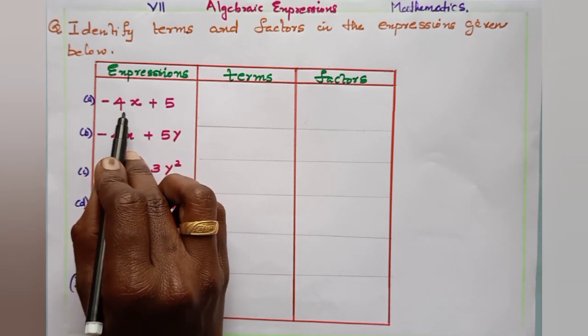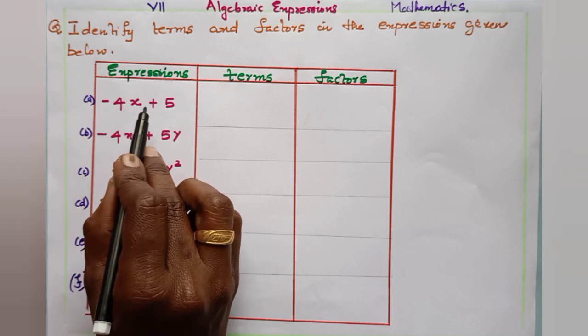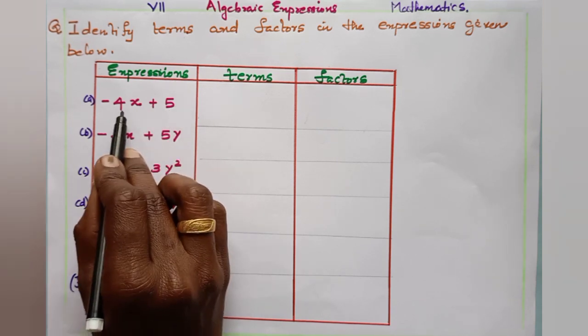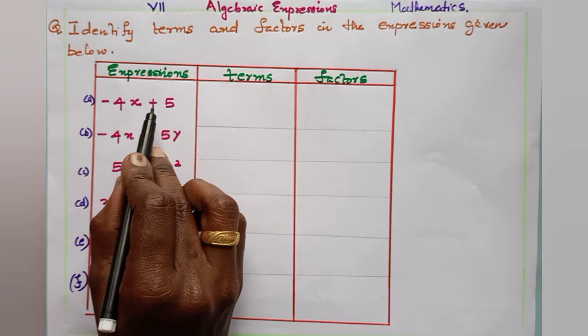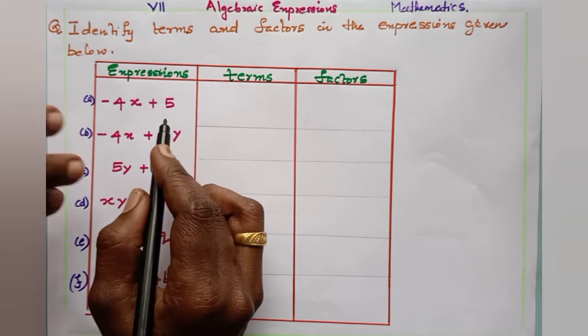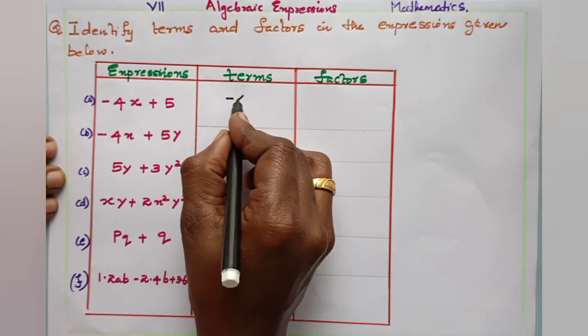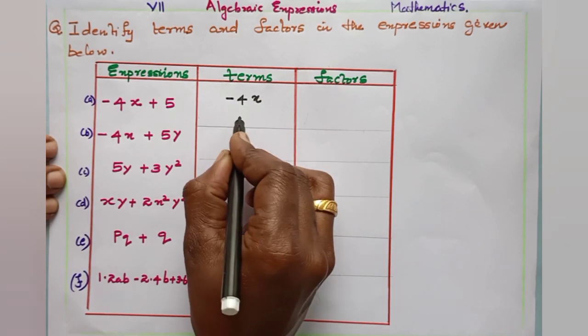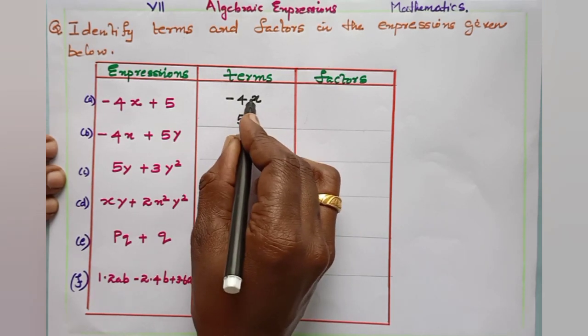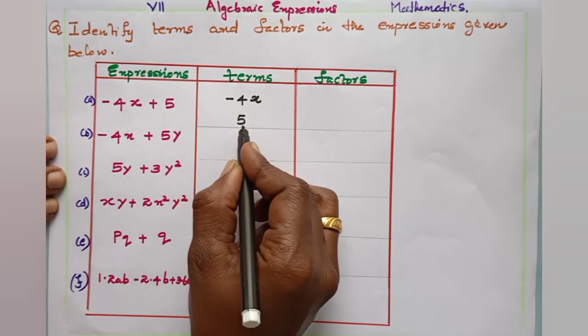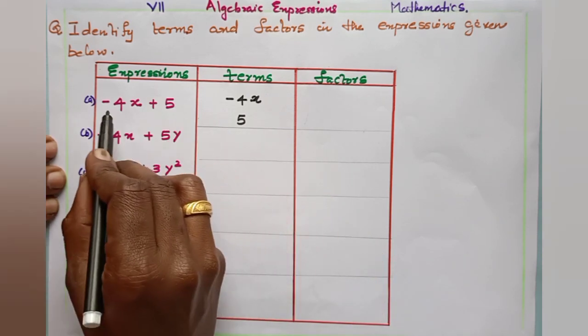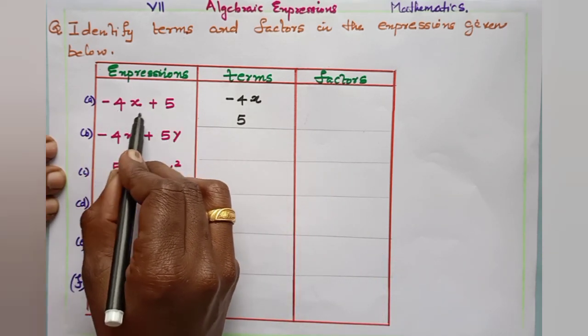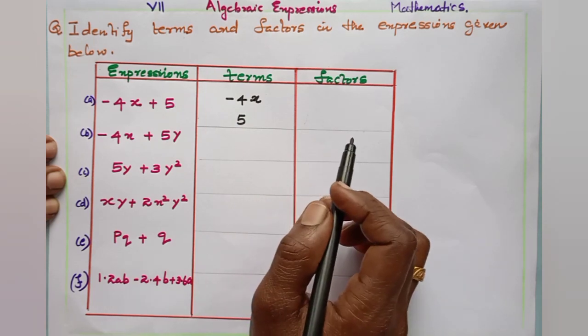Listen to the first question: minus 4x plus 5. This algebraic expression contains two terms. The first term is minus 4x, and the second term, separated by the sign plus, is 5. So the terms are minus 4x and 5.